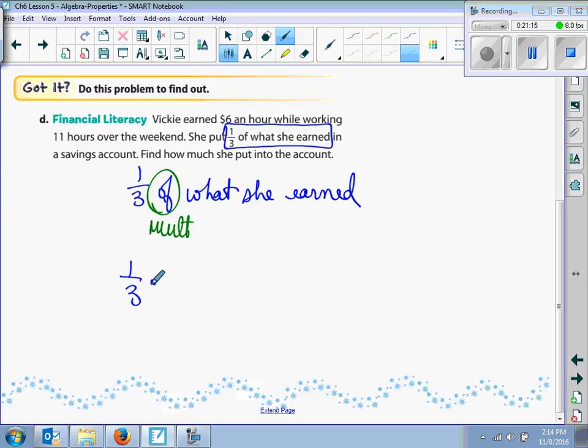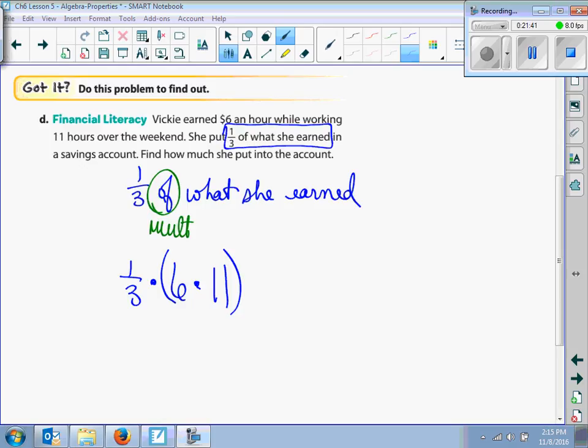So what am I going to do to find out how much she earned? If she earned $6 an hour and she worked 11 hours. 6 times 11, right? So this is going to be 6 times 11, okay? This is how much she earned, right?